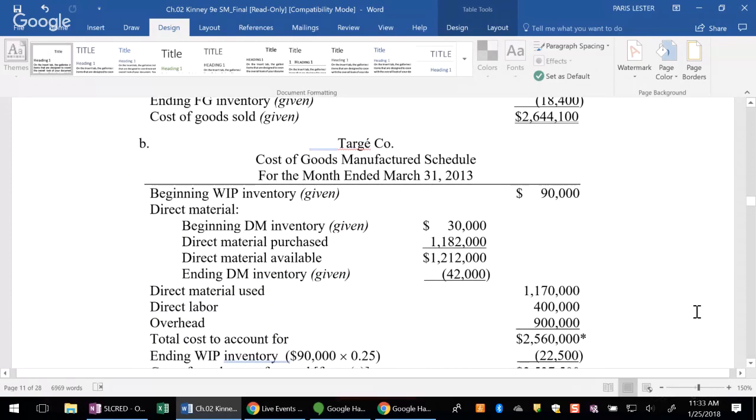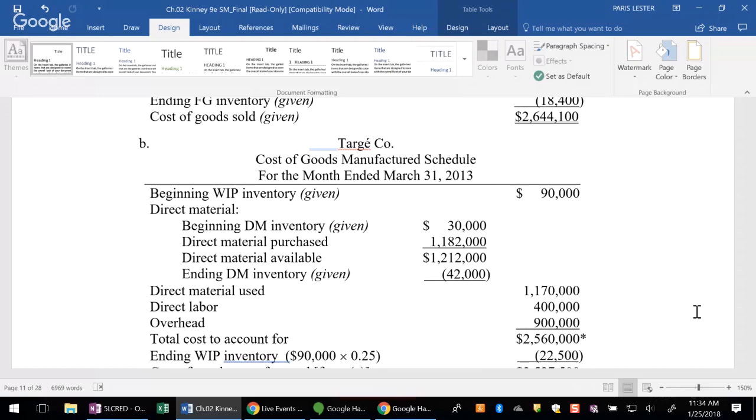All right, beginning work in process was given. Beginning materials was given. Ending materials was given. And they gave you purchases, didn't they? Yeah. All right, if they gave you purchases, then you get purchases available and you get materials used. Direct labor, was that given?